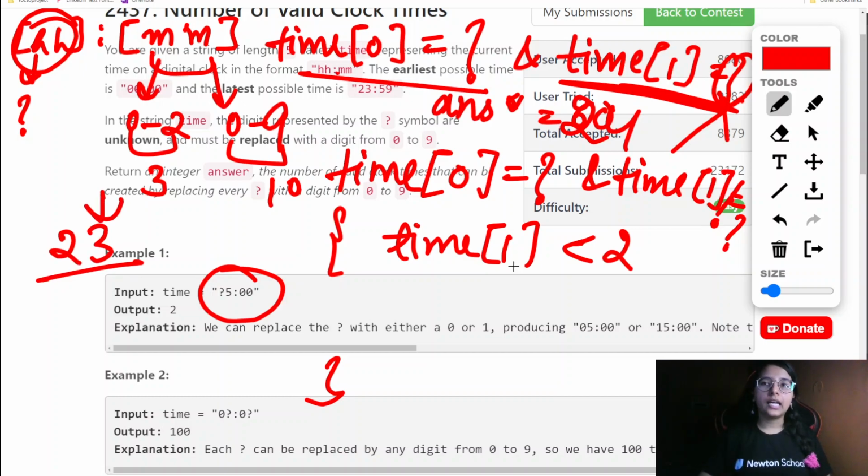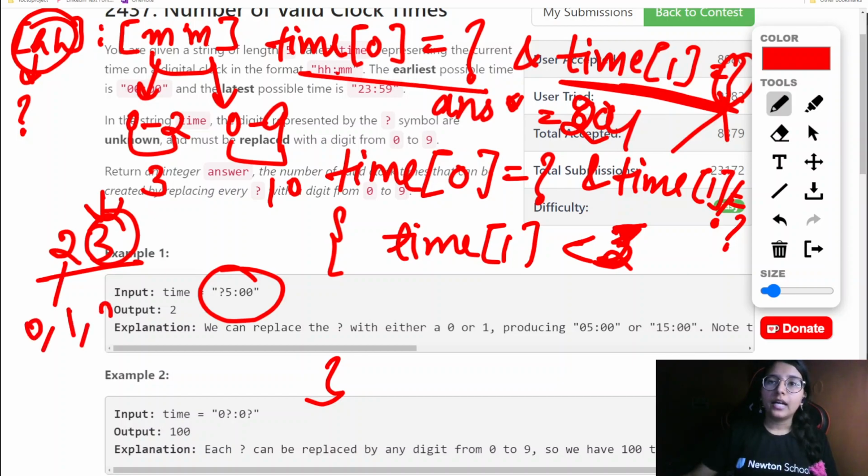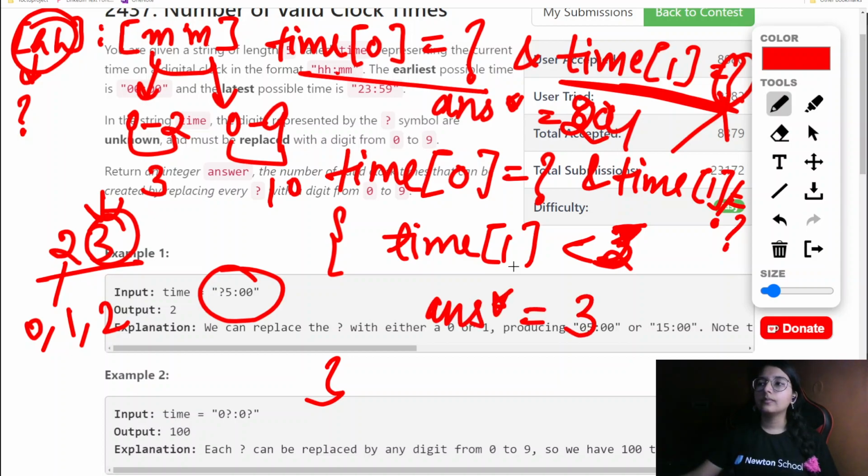Means if time of 1 is basically less than 3, not 2, then in that context, this will be 0, 1 and 2, right? These three things are there. And if it is less than 3, then in that context, we will be making our answer equal to 3.